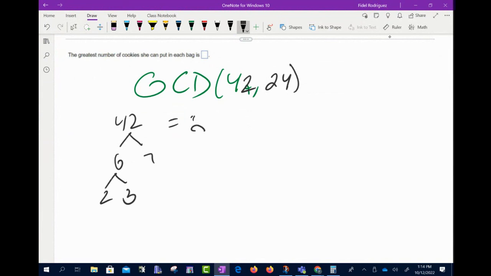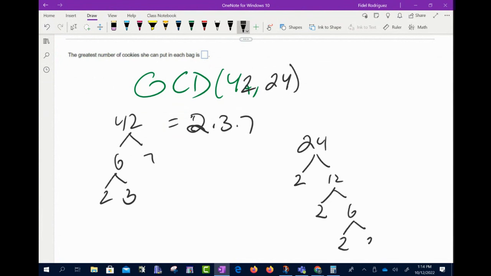So 42, y'all, is 2 times 3 times 7, okay? Let's do the same thing for 24. 24 is 2 times 12. 12 is 2 times 6, and 6 is 2 times 3. So this is going to be 2, 2, 2, and a 3, okay?